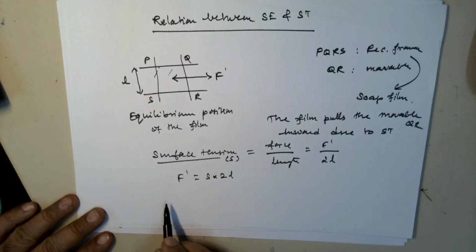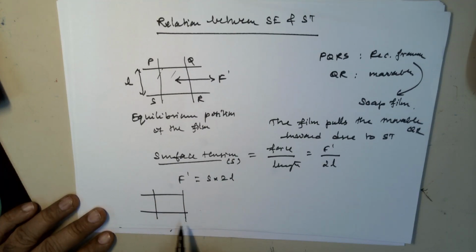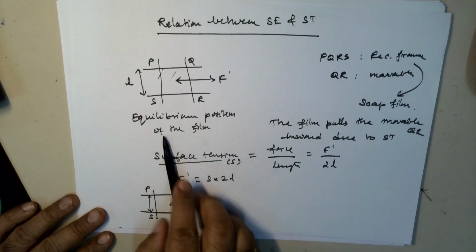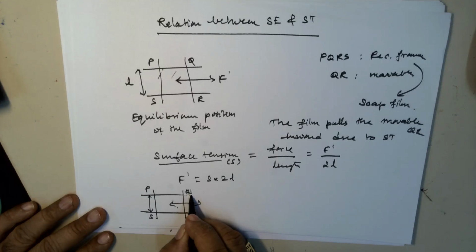Okay. So again, you can put the same P, Q, R, S, and this is the L. Now we are pushing outside, to what extent? Let me say X distance.